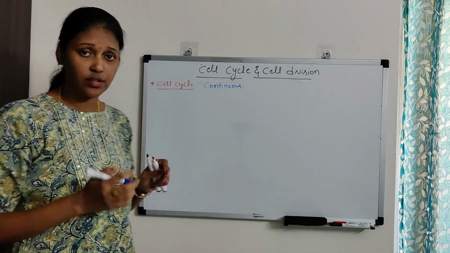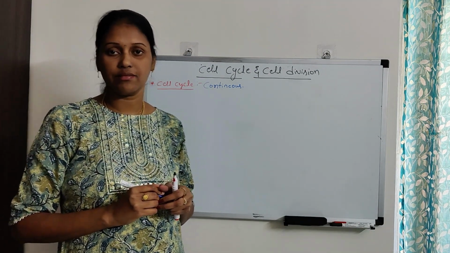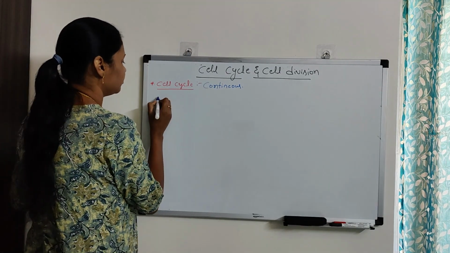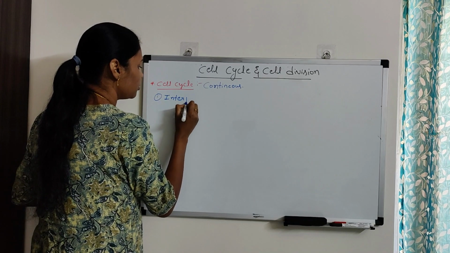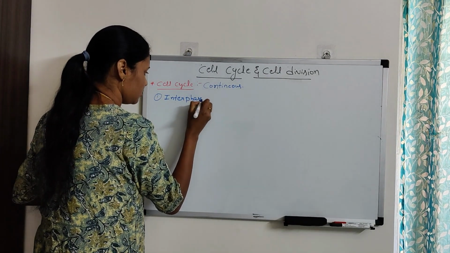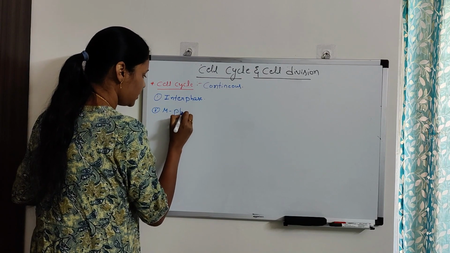Cell cycle has two phases. One is interphase and another one is M phase.